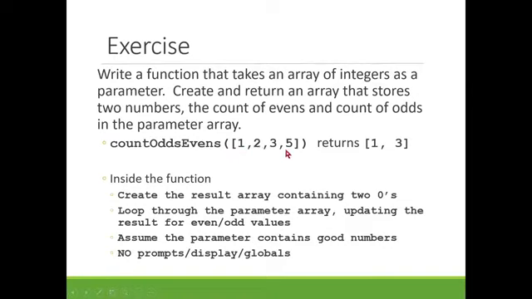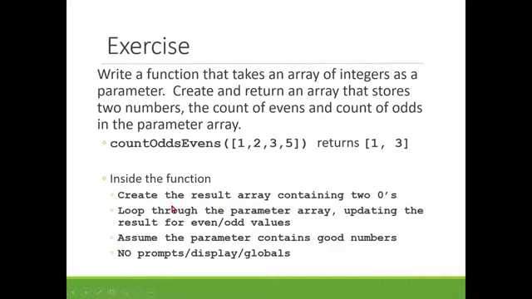You can assume that it has good numbers in it. And what this should return is an array with 2 elements. The array you're creating will always have 2 elements. The first one is how many even numbers there are in the parameter. In this case, there's 1. The second value is the count of odds, 1, 2, 3.